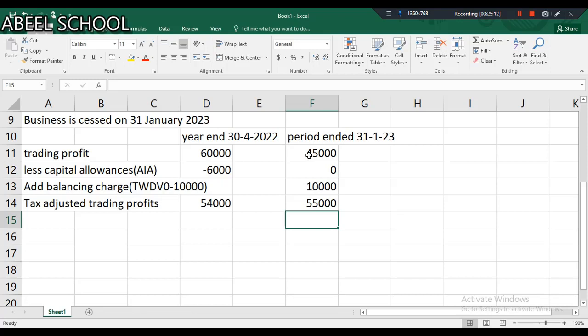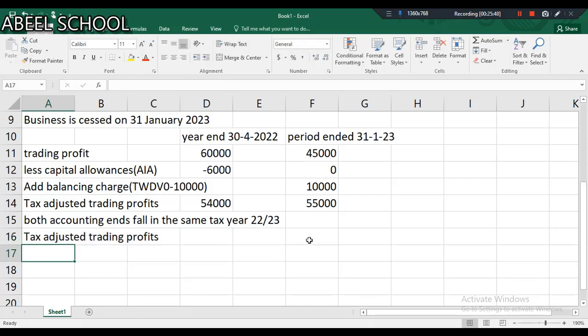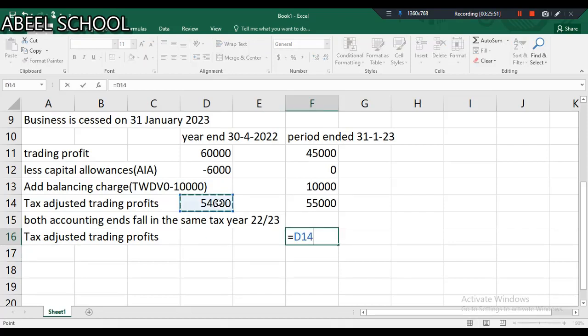We have 54,000 and 55,000. Since both the accounting periods end in the same tax year, which is 22/23, obviously I'm going to merge these profits and deduct the overlapping profit. So what I'm doing, look at this: I'll take this plus this, because both are falling in the same tax year.